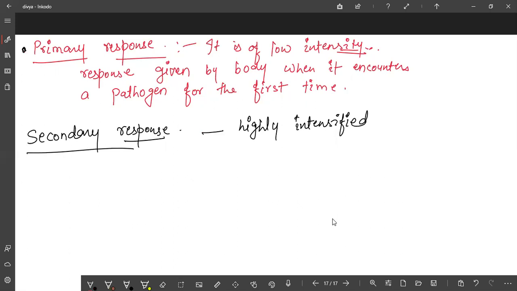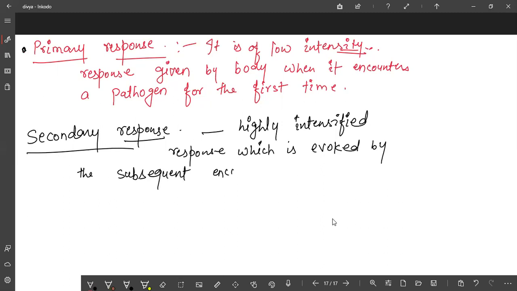In secondary response, we can write that it is a highly intensified response, which is evoked by the subsequent encounters with the same pathogen.